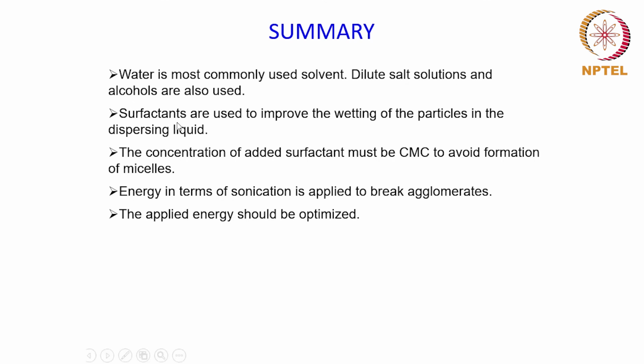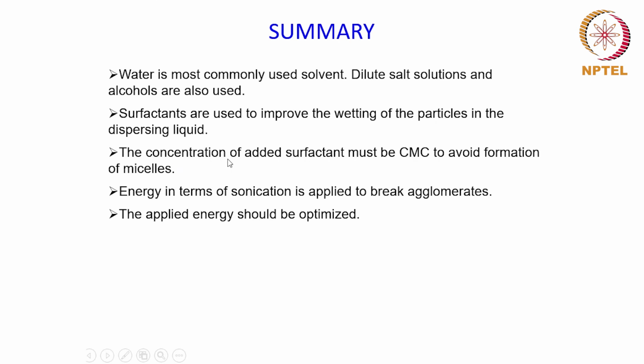And we have also seen that surfactants are used to improve the wetting of the particles in the dispersing liquid. Surfactants are actually surface active agents which help in wetting the particles with the help of the two ends that they have, the hydrophilic and the hydrophobic ends that the surfactant consists of.